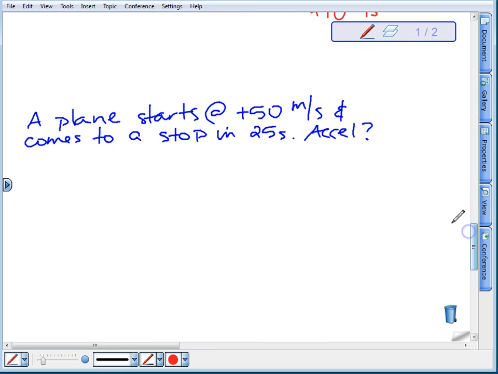One more example. Here we've got a plane that starts at 50 meters per second, a positive 50 meters per second. That's my VI, because that's where I started. And it comes to a stop. Stop tells me that my velocity is 0. Right? It takes me 25 seconds. So to find acceleration, VF minus VI, TF minus TI.